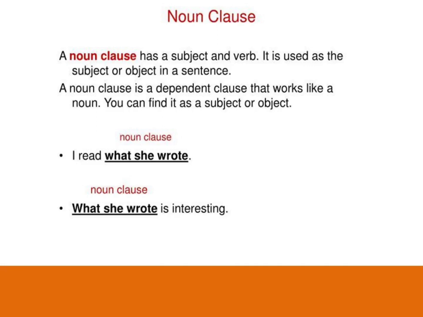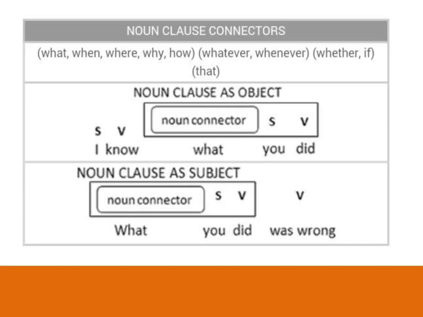Why is it called that? Because the noun clause has a connector. This is a keyword in the noun clause. You can look here, there are many connectors of noun clause.